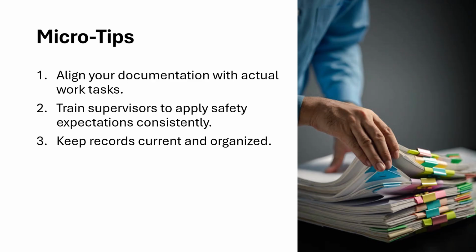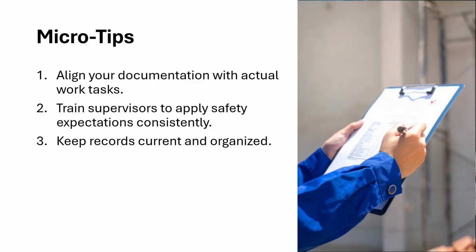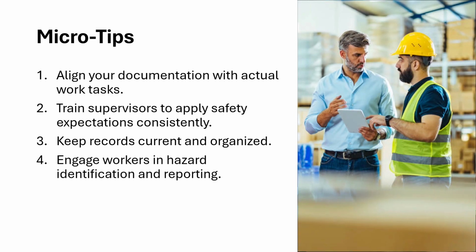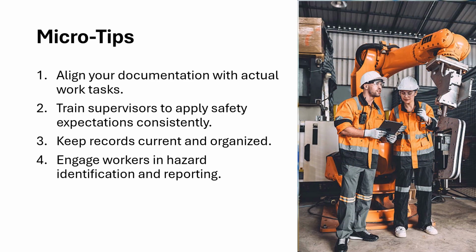Third, keep records current and organized, because missing or incomplete documentation creates compliance exposure and weakens your ability to defend your system. Fourth, engage workers in hazard identification and reporting, because low participation signals a weak safety culture, which auditors measure through interviews and field behavior.